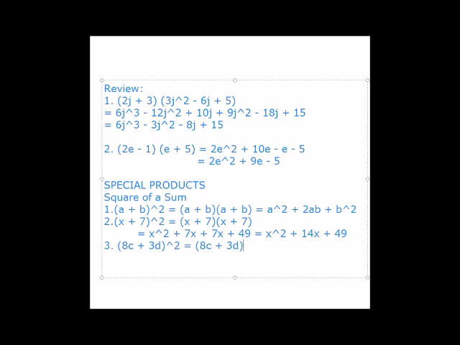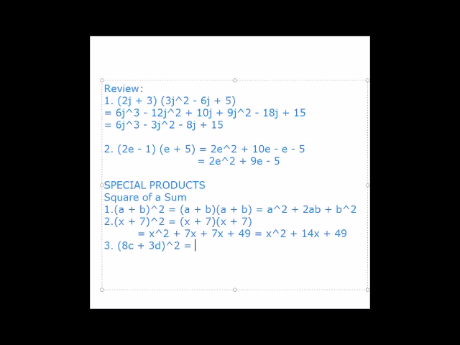When we say 8c plus 3d squared, it means 8c plus 3d times 8c plus 3d. So what we are going to do first is square the first term.